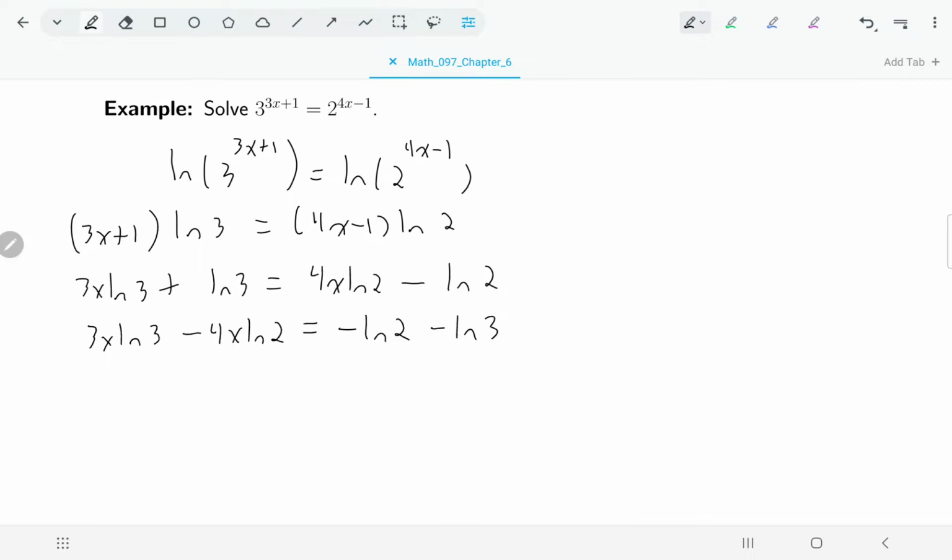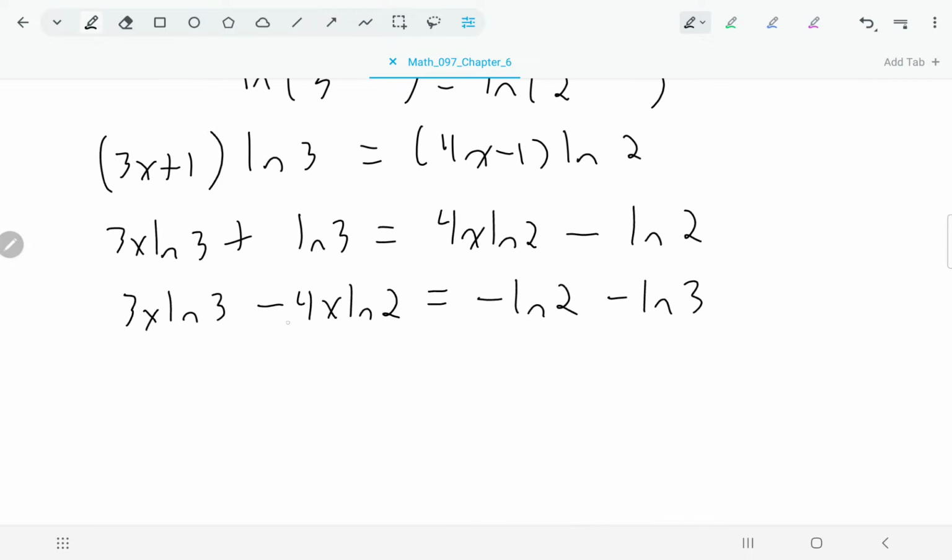And now I can see that on the left side I've got two terms. Both of them have an x as a common factor, so I can take an x out as a common factor and be left with 3 times natural log of 3 minus 4 times natural log of 2.